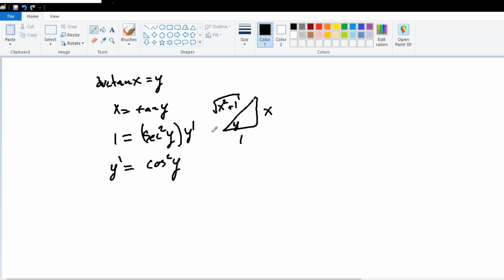So this is the hypotenuse. 1 over this is cosine, so 1 over the square of this is cosine squared. So we get 1 over x squared plus 1 as our derivative. This is the proof that the derivative of arctangent is 1 over x squared plus 1.